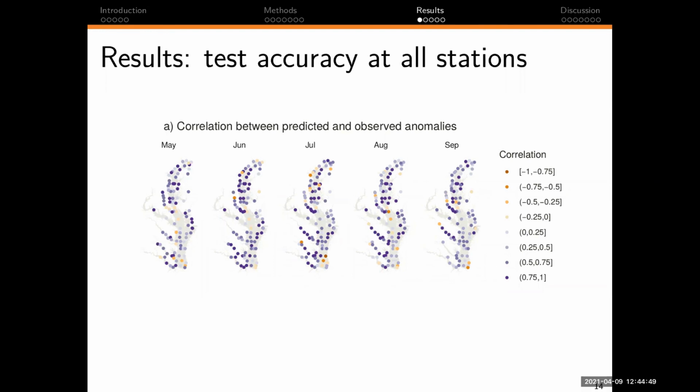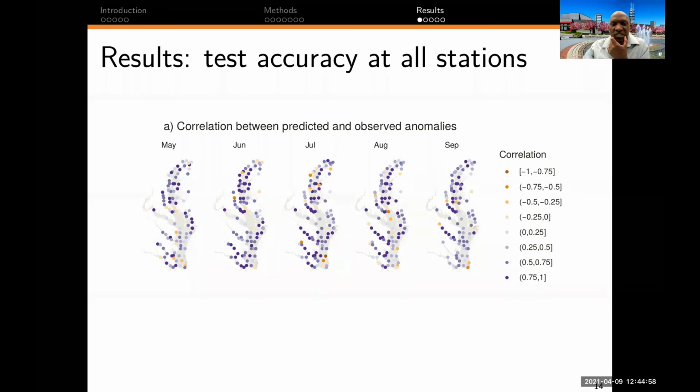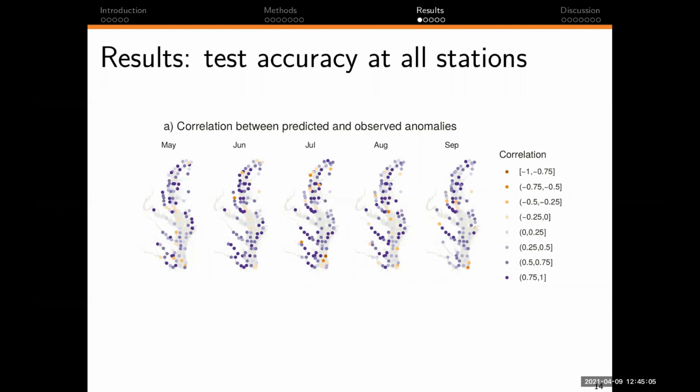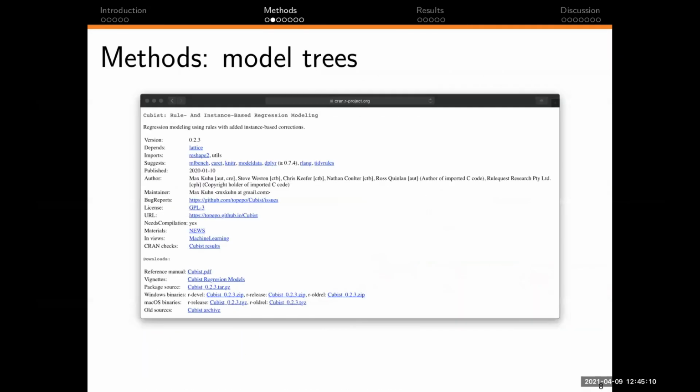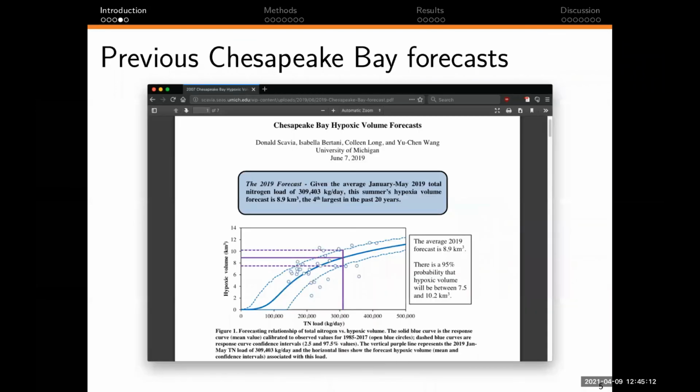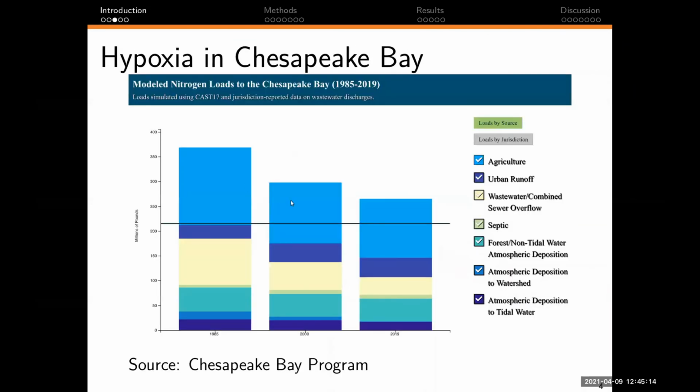I have a question from Hashali: what actions are being taken to minimize nutrient loading in the Chesapeake Bay? That could be the subject of a whole talk, but going back to the introduction slide that I presented, a lot of the loading is coming from agriculture. So there have been a lot of efforts to get different management practices to reduce the amount of loading that comes from agriculture.